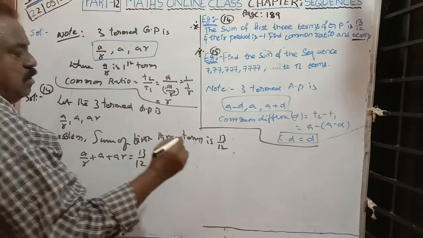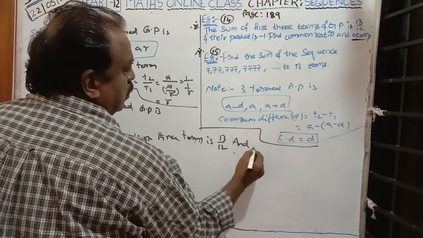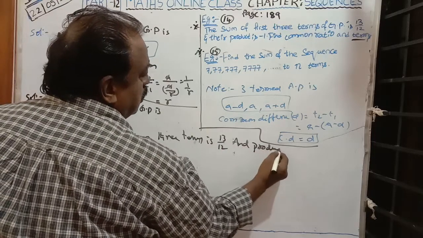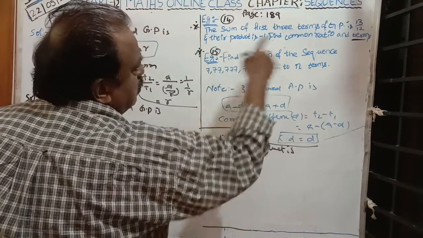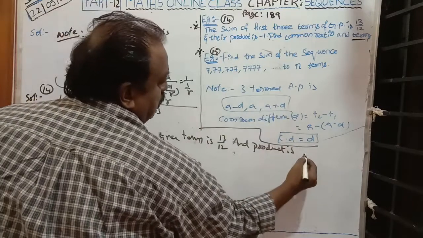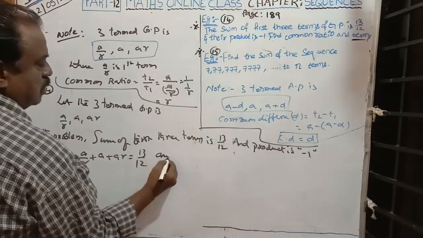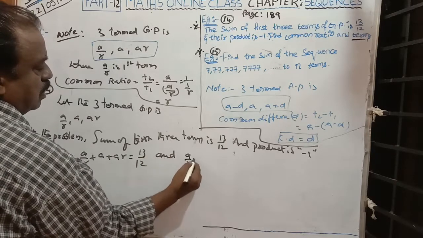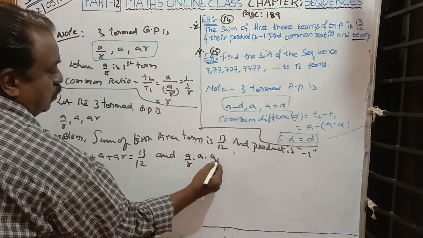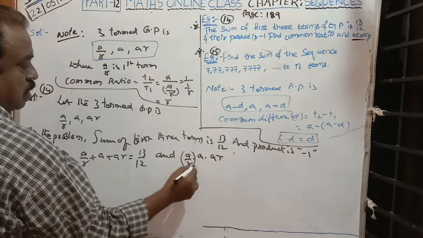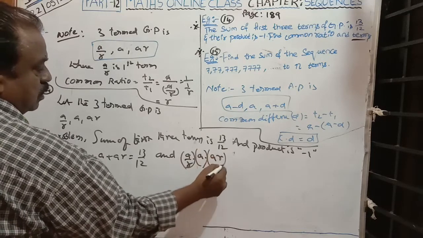And one more thing is there, the product is minus 1. So we may write A by R into A into AR. A by R is the first term, then the second term, third term.